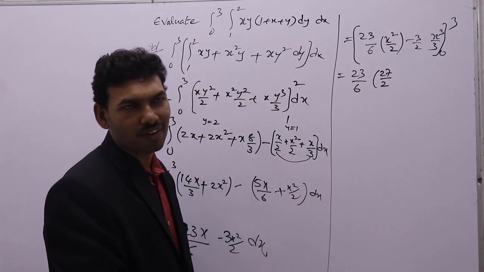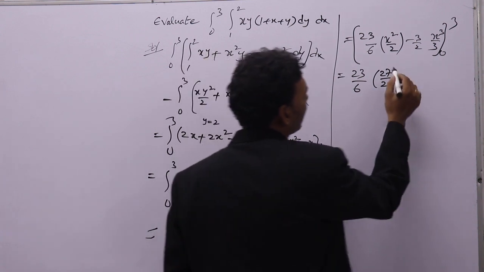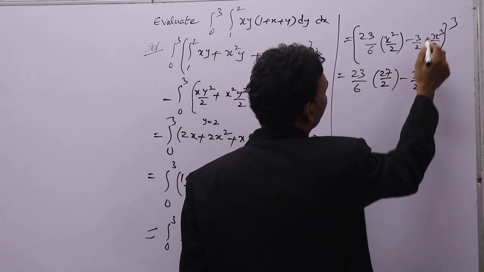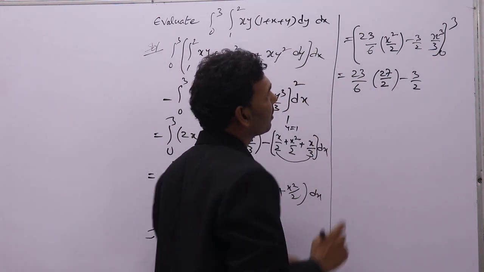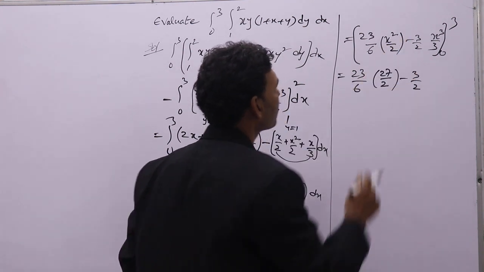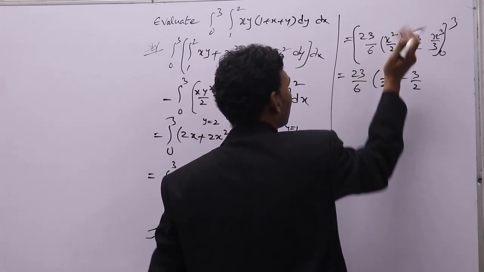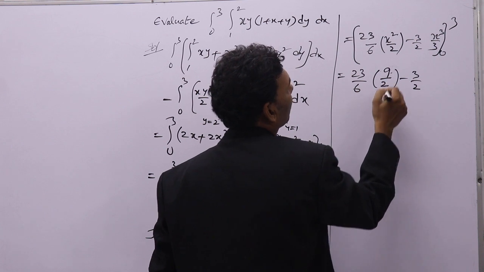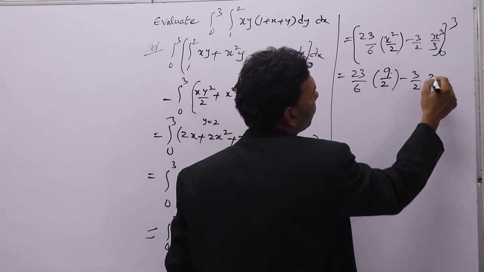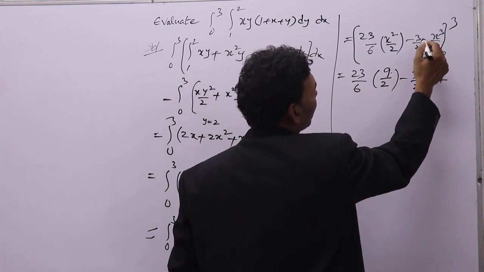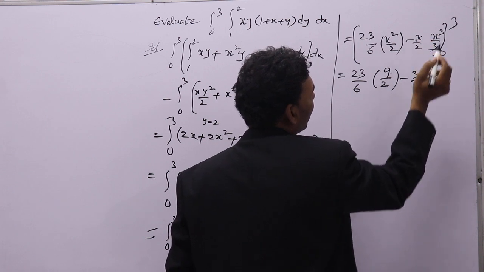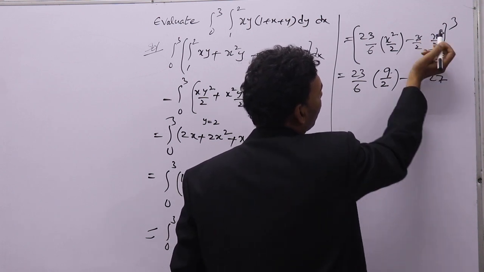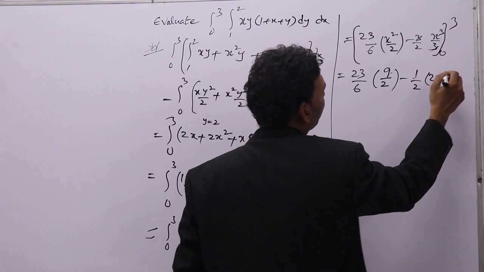If you write in the place of x, 3 minus 3 by 2, here x square only, right? 3 square is 9, 9 by 2. Here 3 cube, 3 and 3 get cancelled, here itself you can cancel. So what will you have? 27 only.